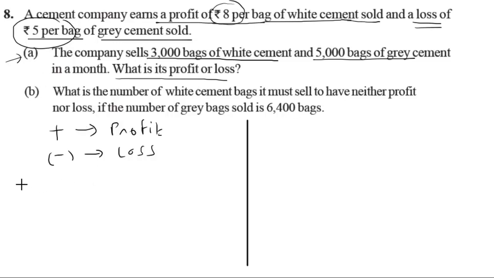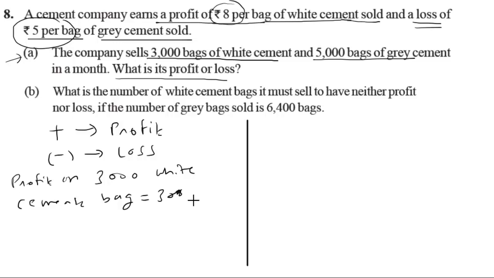So the profit on 3000 bags of white cement is 3000 multiplied by the profit, which is rupees 8.